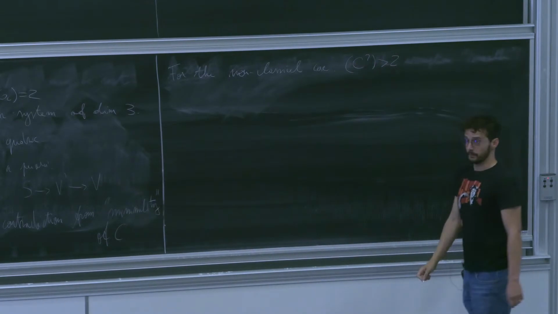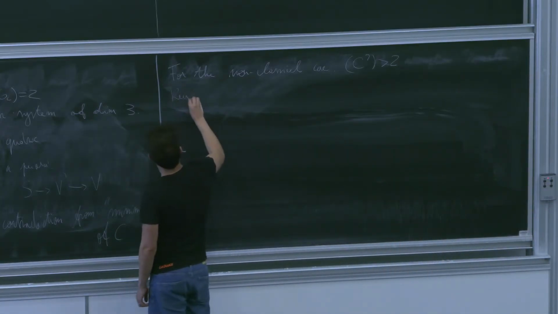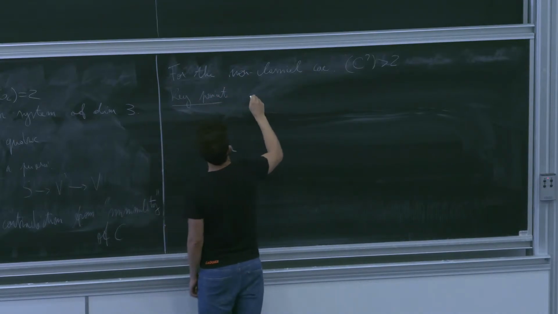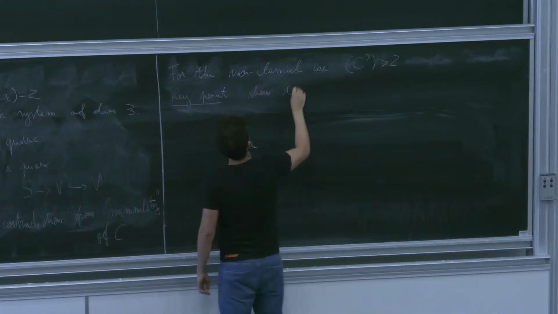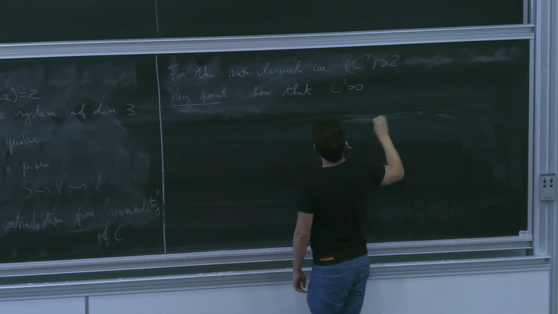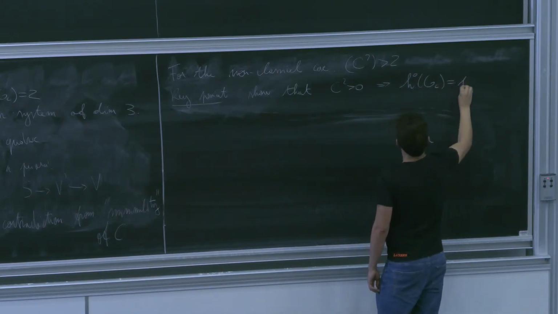The key point is to show that if C squared is bigger than 0, then h naught of OC is 1.